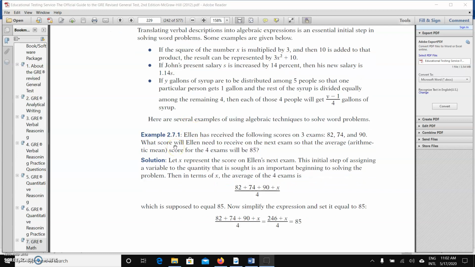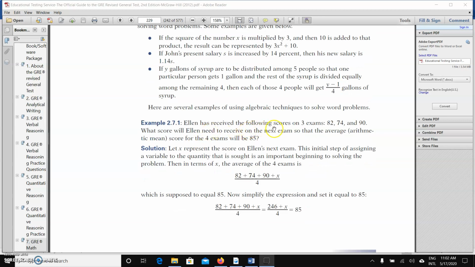Now, this example. Ellen has received the following scores on 3 exams. She had 82, she had 74, and 90.